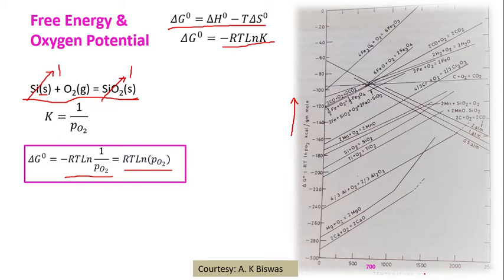So this is your Fe2O3 line, this is your Fe3O4 line, and this one is FeO. From these lines it can be seen that the oxygen potential of Fe2O3 is higher than Fe3O4, and Fe3O4 is also higher than that of FeO.